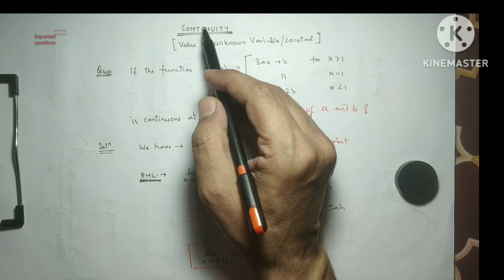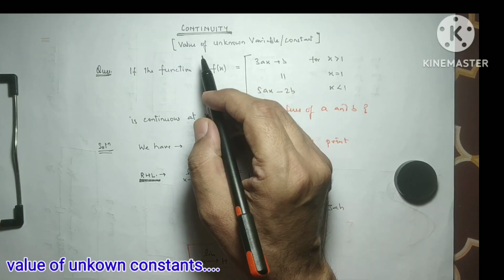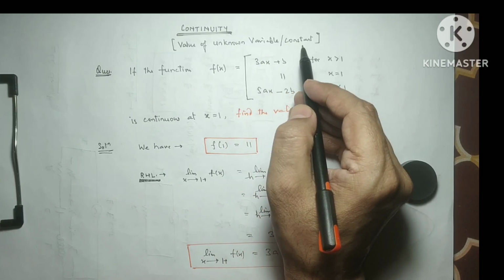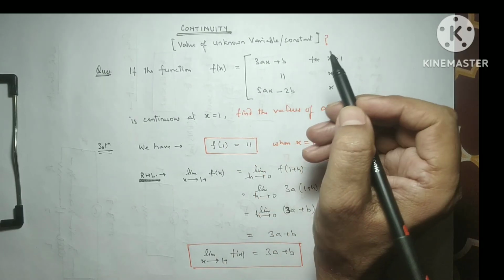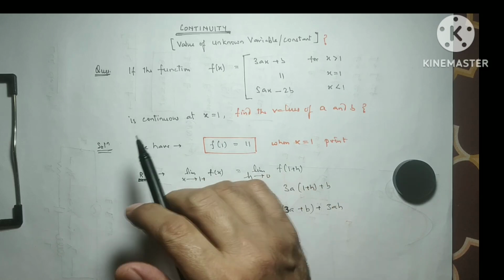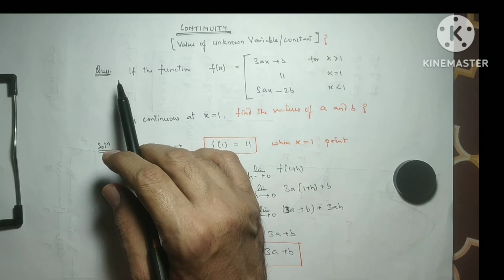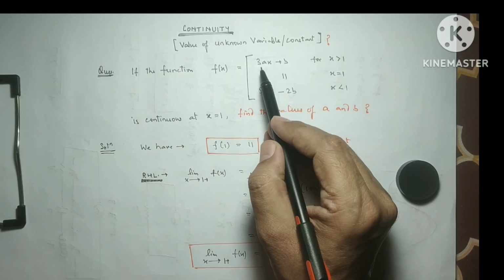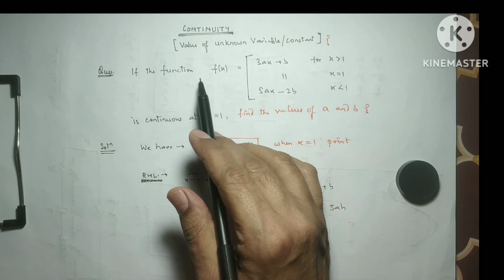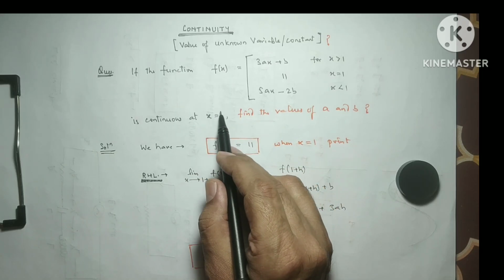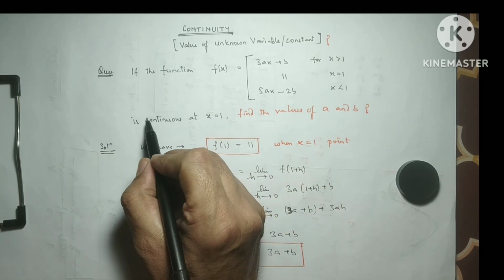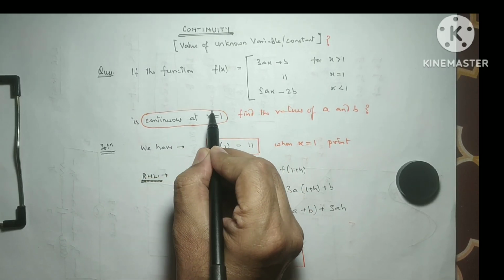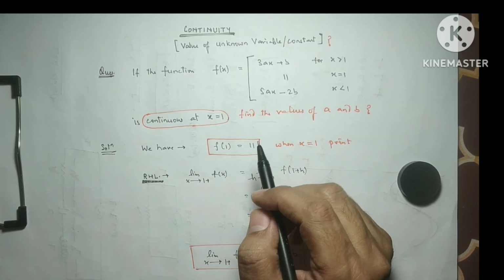So again our topic is continuity, and we will take other questions in which we will collect the values of unknown constants like k, a, b, c. In this series we have this question: the function f(x) is defined at x equals 1, and it is given that this function is continuous at x equals 1.